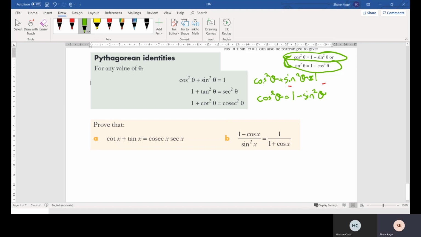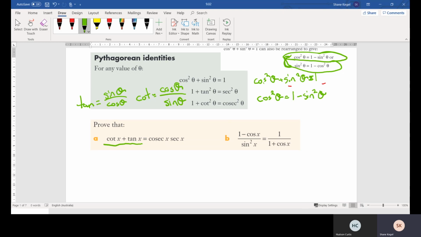Remember back to our trig identities. We had tan equals sine theta on cos theta, and cot, the inverse of tan, is just that flipped around. So cos theta on sine theta.